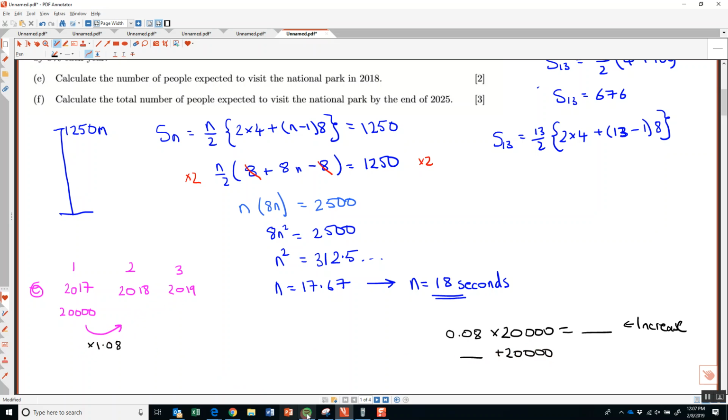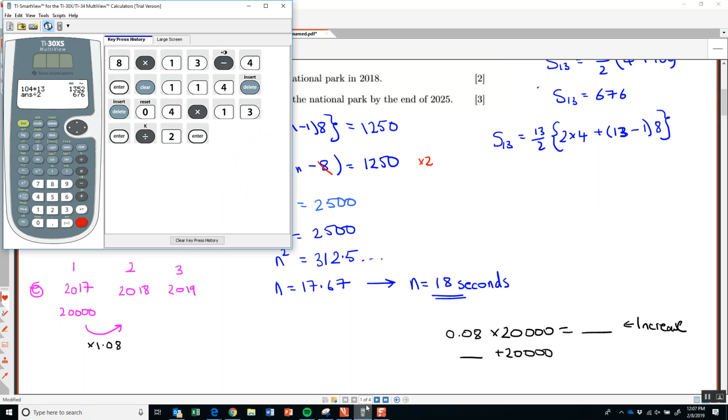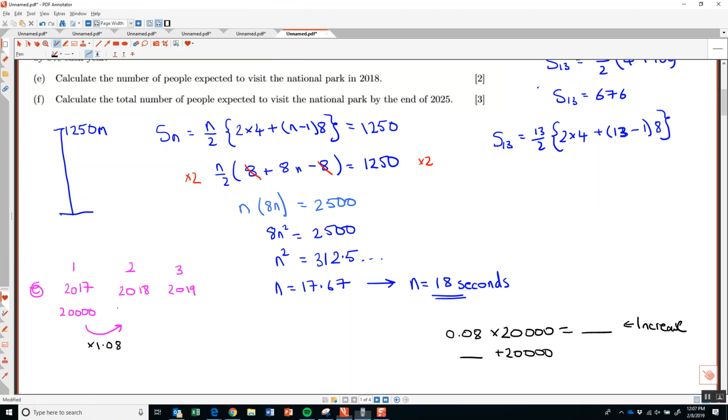So 20,000 times 1.08 is 21,600. Okay, and that's part E. You got part E. Good.